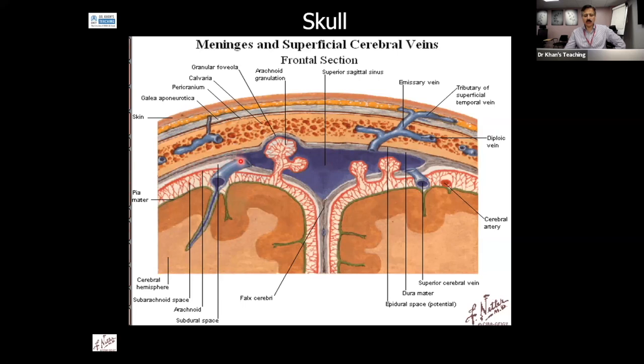They split away from each other to give space, or they form the superior sagittal sinus. This is a coronal sequence, right? And you can see that there are other veins. These are veins which are passing through the skull. Emissary vein is important, which is passing through the skull and going into the scalp.